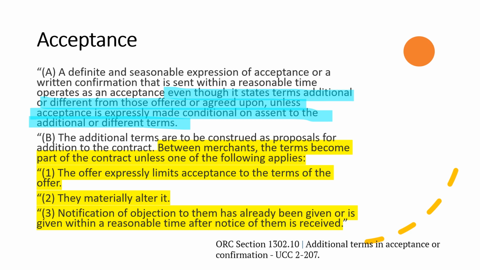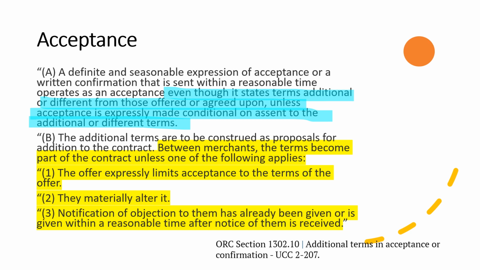Remember we talked about that mirror image rule, where the acceptance needed to mirror the offer? Not so with goods under the UCC. Okay, so here an acceptance, even if it states additional terms or terms that are different from those offered, still can operate as a valid acceptance, unless acceptance is expressly made conditional on assent to those additional or different terms.